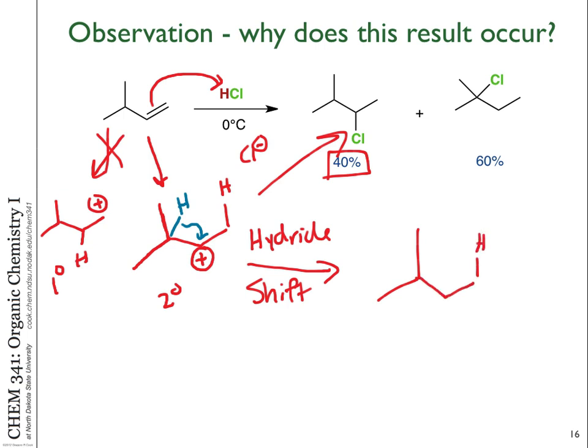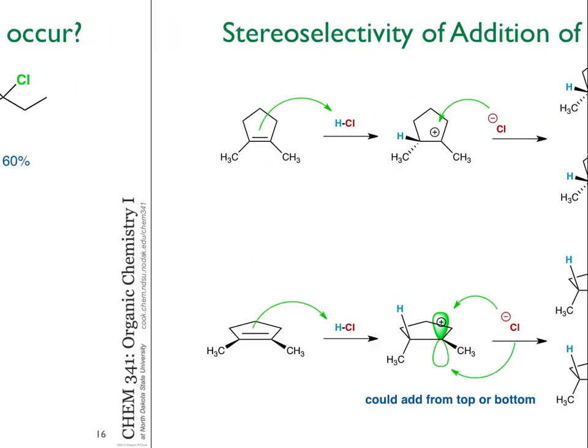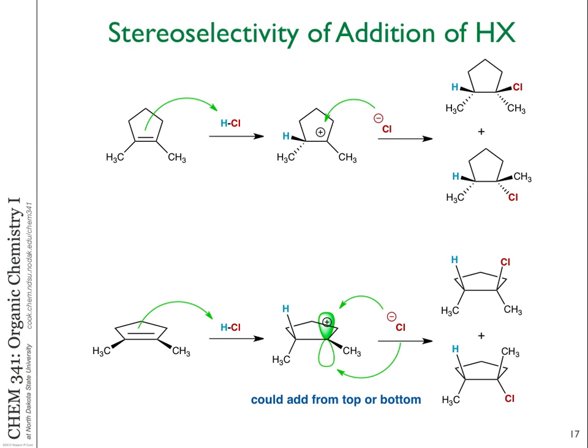So let me just draw this. I have moved the hydrogen that I've drawn in blue over to this carbon, and that leaves the plus charge now on a tertiary carbon. And then that's where the chloride adds to give this product, which is the major product. So in this case, it's a clear example of a carbocation formation followed by a hydride shift that results in a different and not predicted set of products.